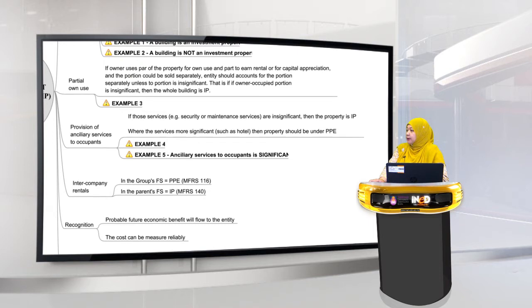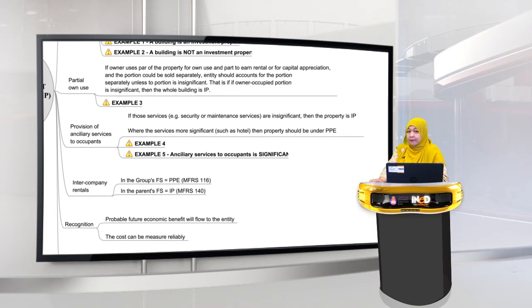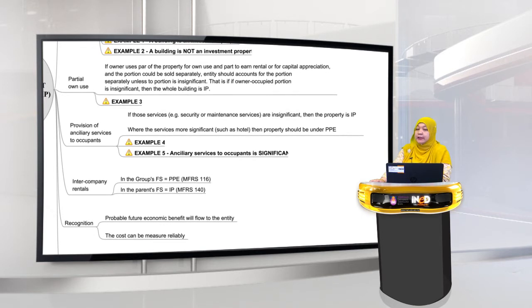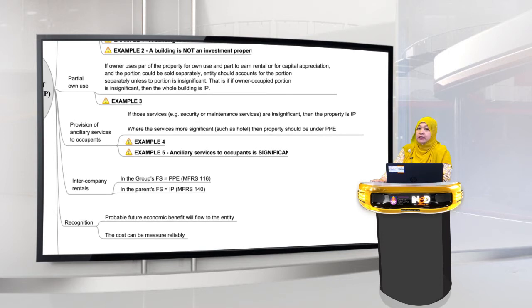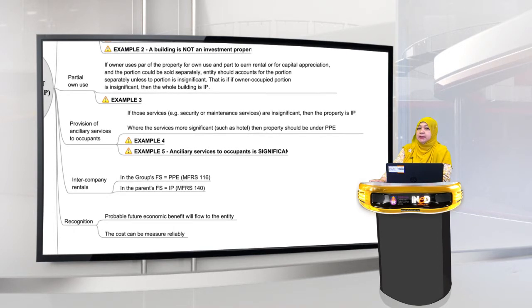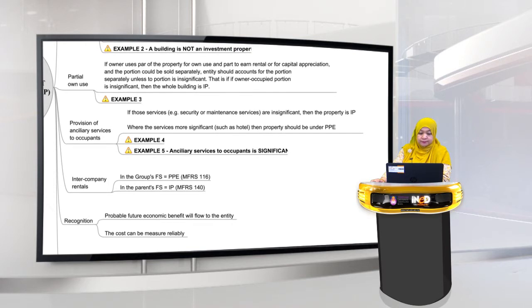However, where the services are significant, such as a hotel, because of the customers checking in and out of the hotel, the services of cleaning the hotel rooms are considered significant, then the property should be classified under PPE. Okay, so we look at example number 4.